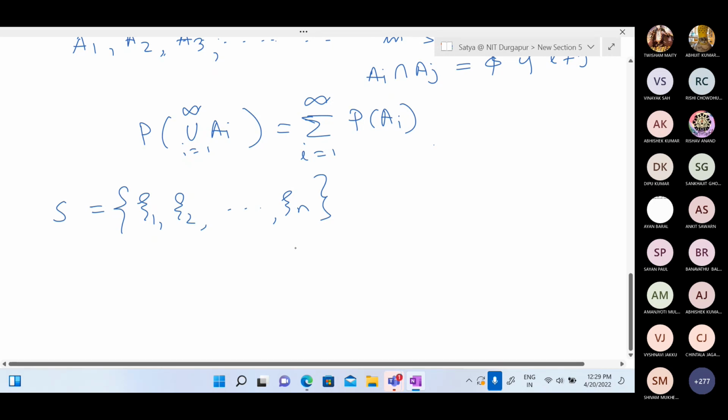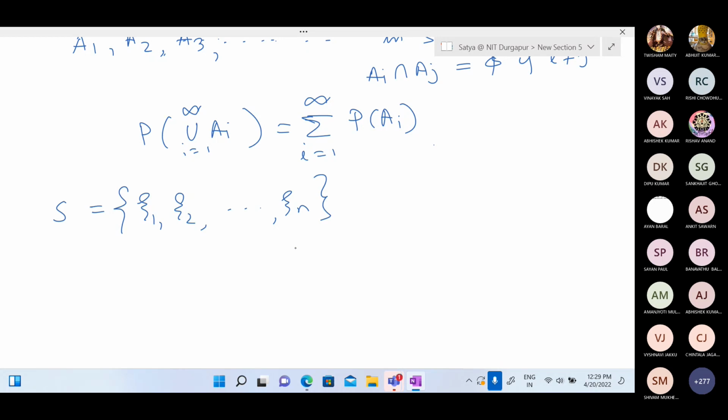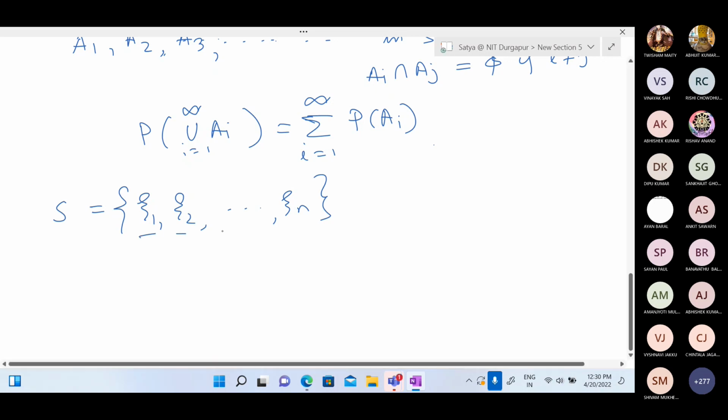In dice it can come 1, 2, 3, 4, 5 up to 6, not more than that. For this type of finite sample space, we say that these zeta i's are elementary events, and let P of zeta i equal to Pi. This Pi we don't know, we will try to find later on. But suppose the probability of zeta 1 is P1, probability of zeta 2 is P2, and in general probability of zeta i equal to Pi.